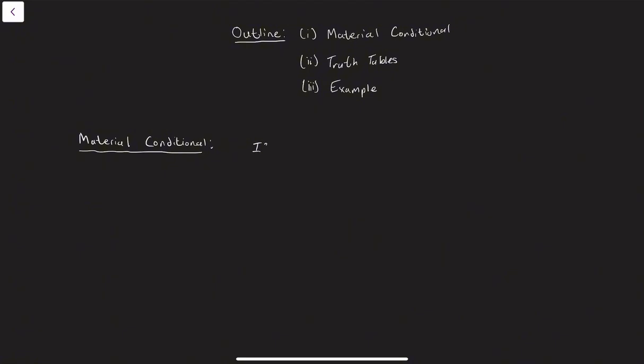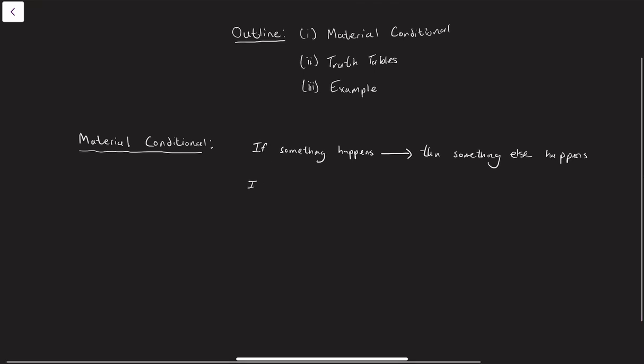Basically, it states that if something happens, then we have this sign, then something else happens. So we have something that causes another thing to happen. We can rewrite this as if A, then B.